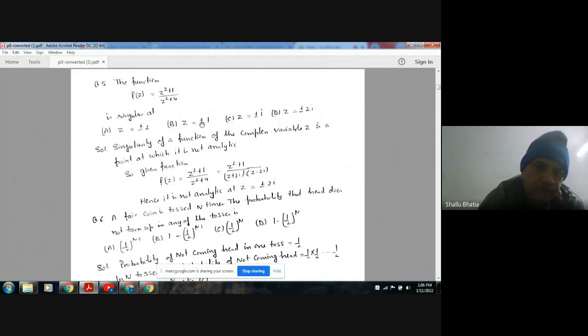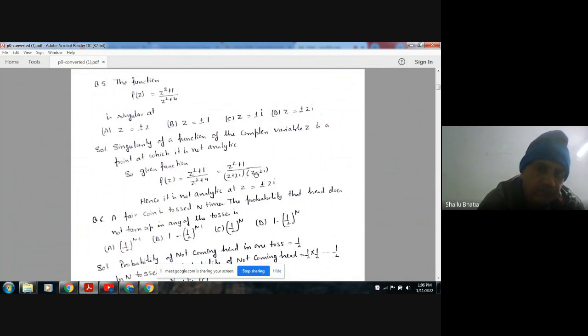The singularity of a function of a complex variable is the point where the function is not analytic. So when the denominator is zero, the function is not analytic. So f(z) can be written as z square plus 1 divided by (z plus 2i) multiplied by (z minus 2i).